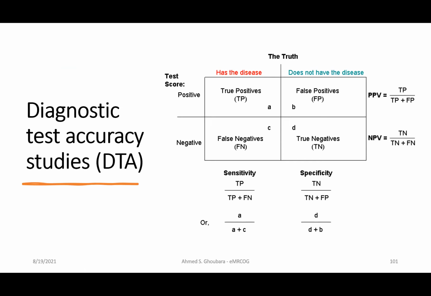In the previous example for the odds ratio and the risk ratio, we began with the exposure and disease, so obese and non-obese, and disease and non-disease.